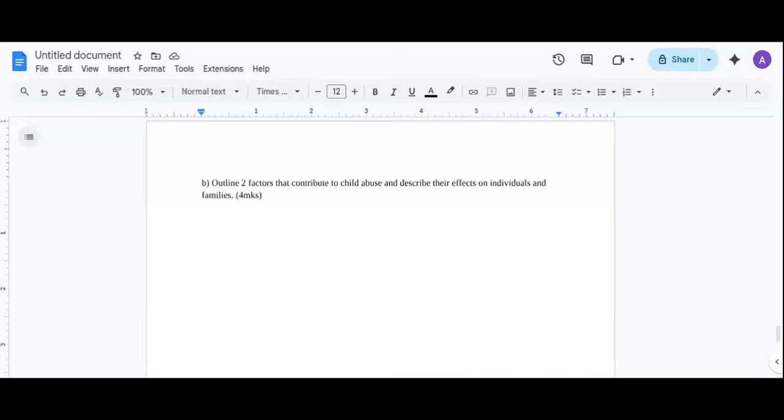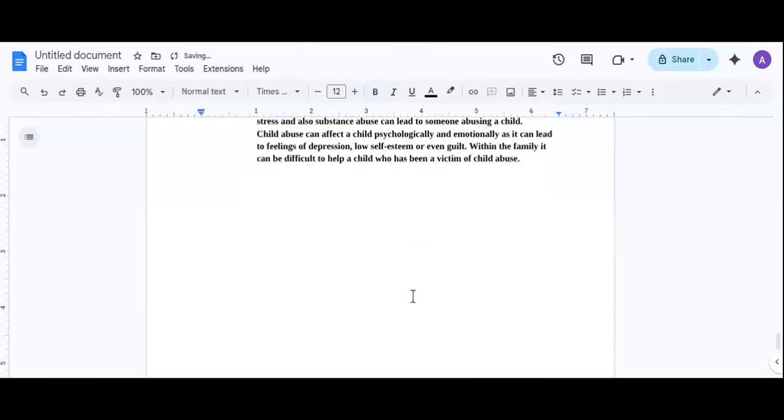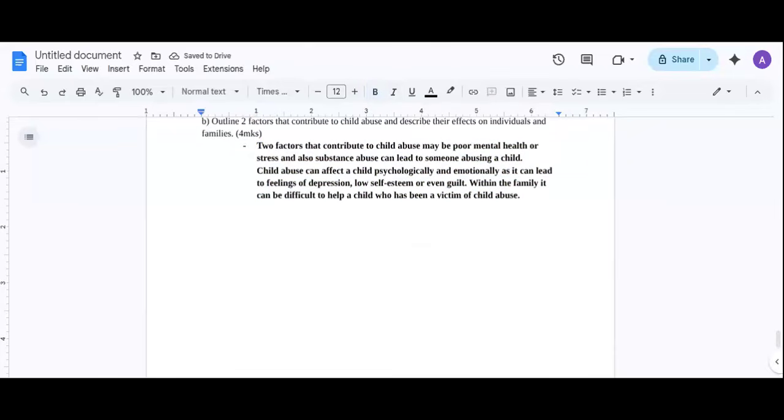Okay, so nobody else. Good. So, two factors that contribute to child abuse may be poor mental health or stress.